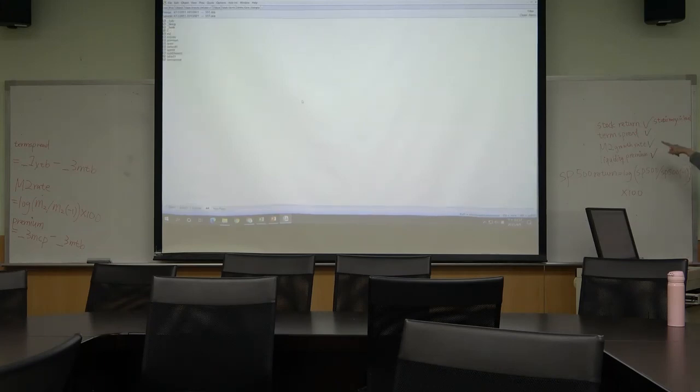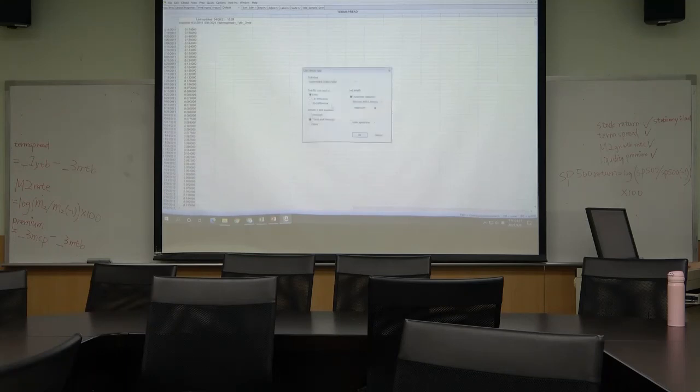Then let's check term spread. So term spread, we double click, view, unit test. Again, we choose augmented Dickey-Fuller test for unit in level, including the test equation, trend, and intercept. The lag length, we choose the Schwarz information criterion.